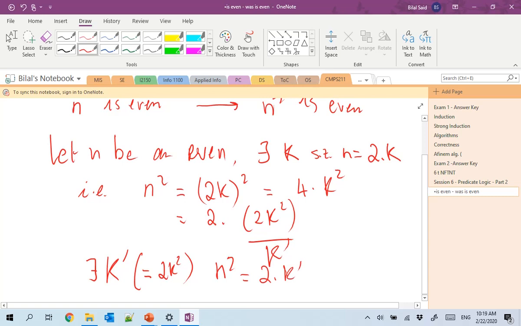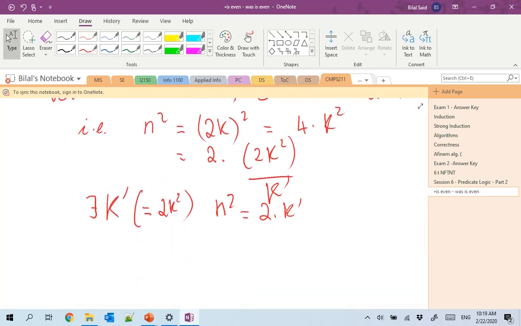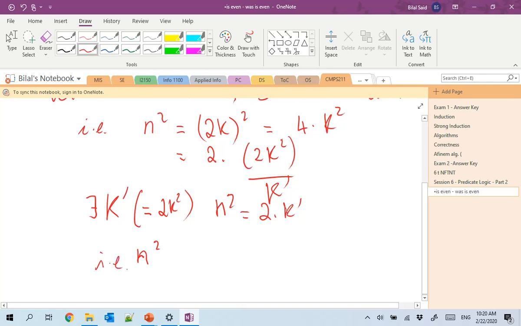And this is the exact definition of even numbers. So now we can restitute this into the definition of even numbers, and we can prove that n squared is even. Okay.